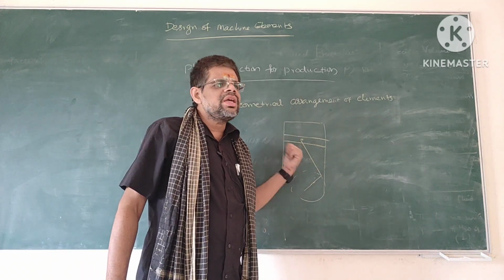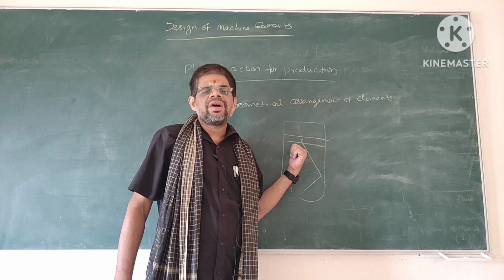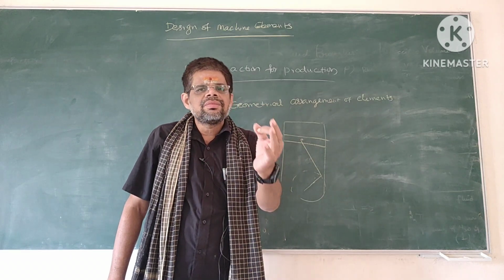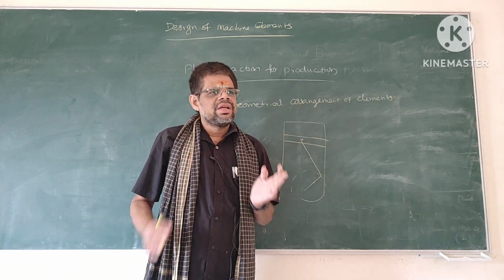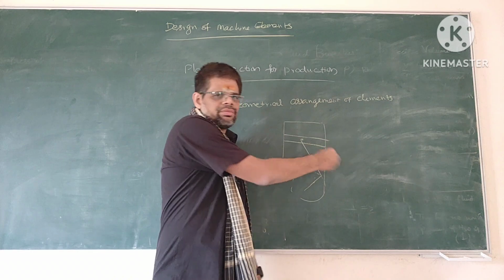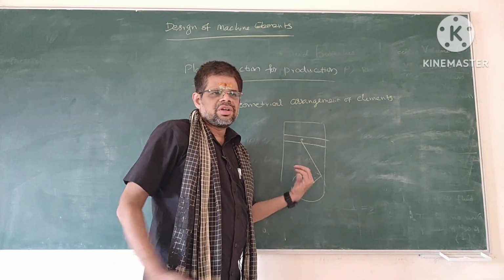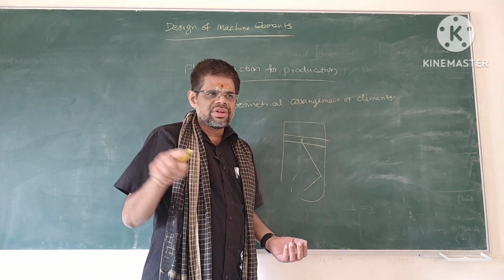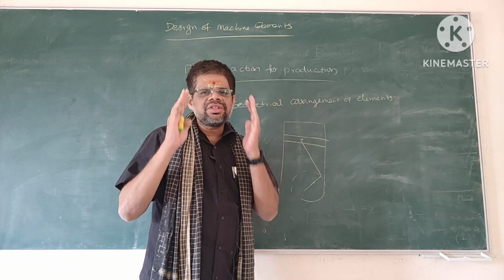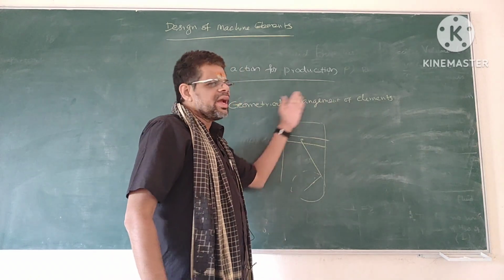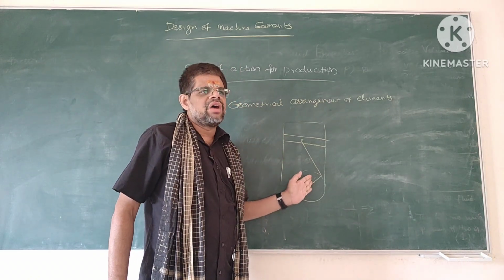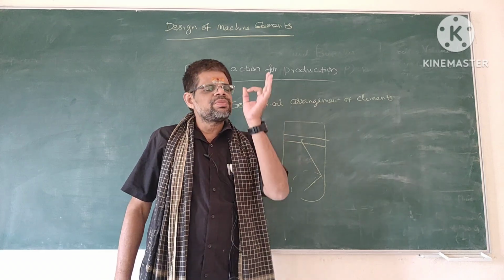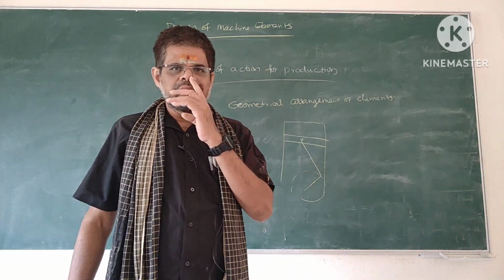This has to be determined for achieving the desired motion. Here our desired motion means the rotary motion. From the engine you are going to get the mechanical energy in the form of rotary motion. In order to achieve this rotary motion, what should be the mechanical arrangement of the components? That must be determined first.